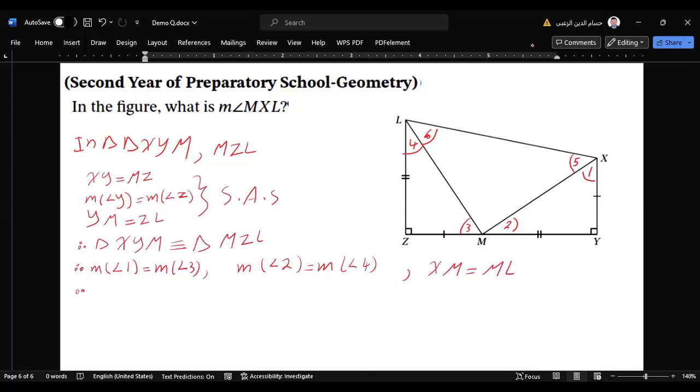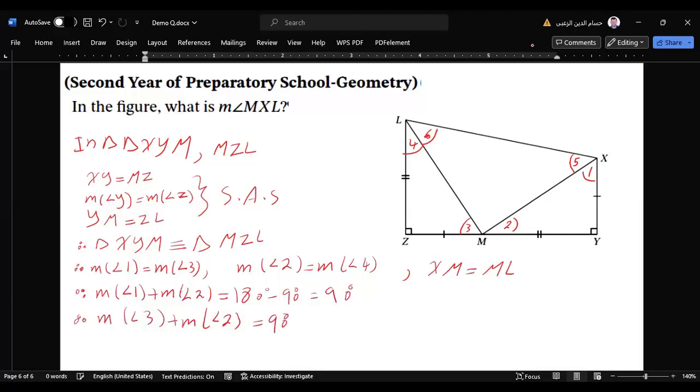Since the triangle is a right triangle, the measure of angle 1 plus the measure of angle 2 equals 180 minus 90, which is 90 degrees. Then if we take off 1 and put 3 instead, the measure of angle 3 plus the measure of angle 2 equals 90 degrees.